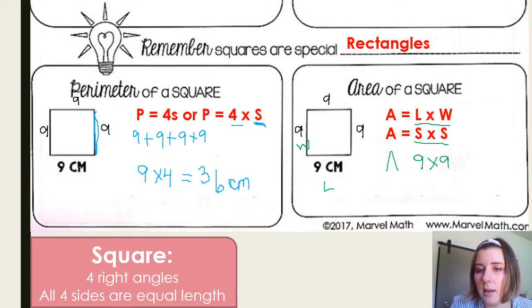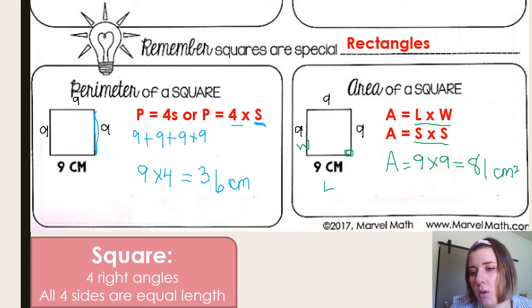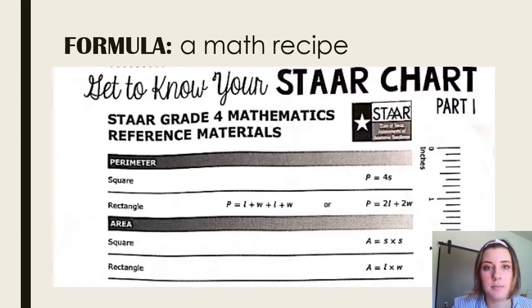So our area equals 9 times 9, or 81. And we're saying square centimeters. So little centimeter squares, squares that are 1 centimeter on the top and 1 centimeter on the side, 81 of them fit in here. So centimeters squared, or 81 square centimeters.